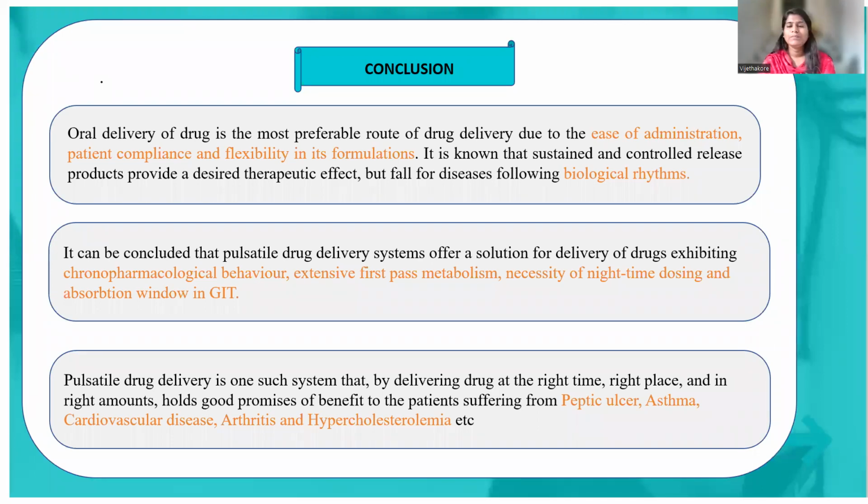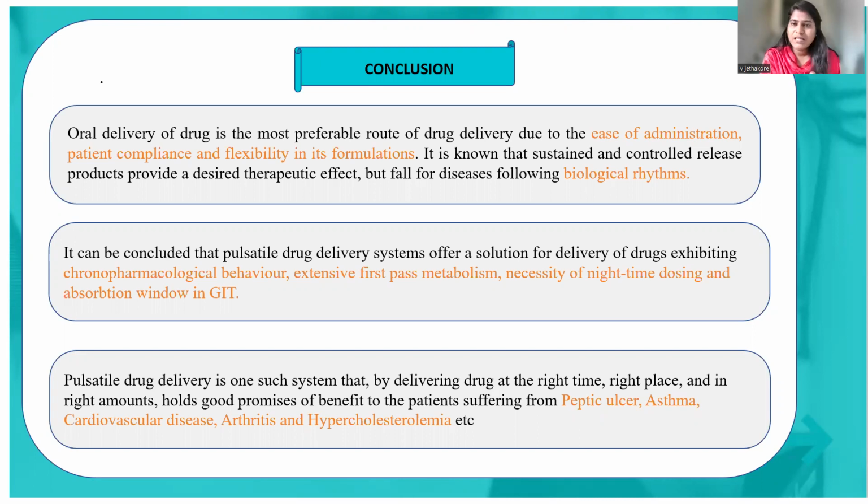So why are we going for pulsatile drug delivery systems? We have many drug delivery systems like parenteral, topical, transdermal, and oral. But oral drug delivery is the most preferred route because of ease of administration, patient compliance, and flexibility in its formulations.